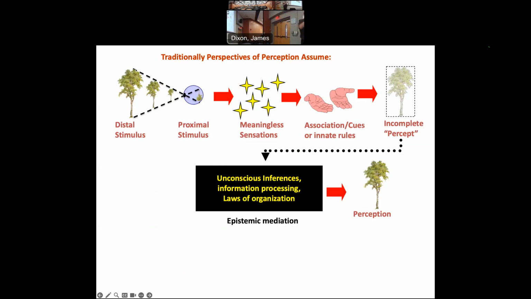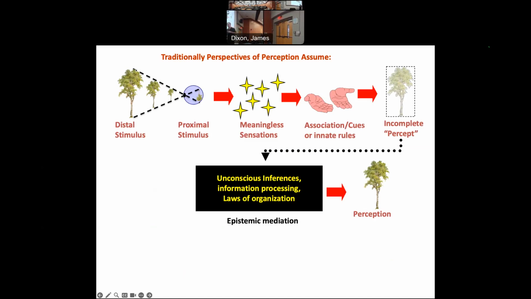So the point here is that all three of these different approaches, if we take Helmholtz to be one, modern information processing to be the other, and Gestaltist to be the third, require this kind of epistemic mediation. There's something in between that's saying, here's what you know to make a decision about what's there.